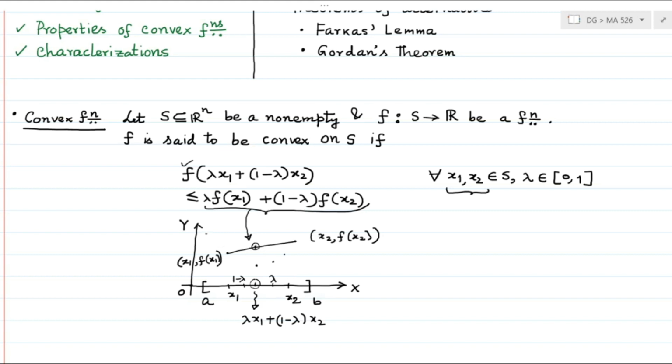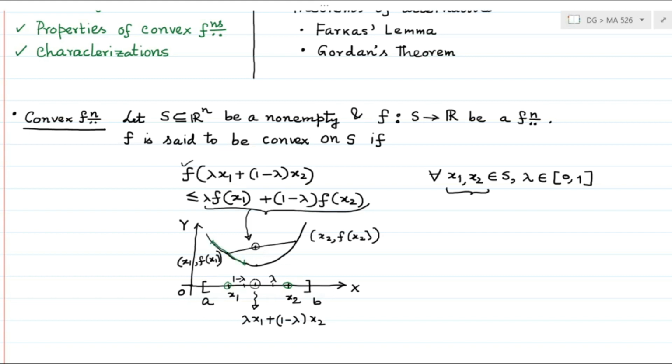And accordingly, you will find that it traces out a bowl type graph. Bowl type, why? Because corresponding to the considered 2 points x1 and x2, the graph is lying below. And not only for this x1 and x2, you vary the points x1 and x2. Suppose I vary these 2 points, and accordingly the graph must lie below this chord.